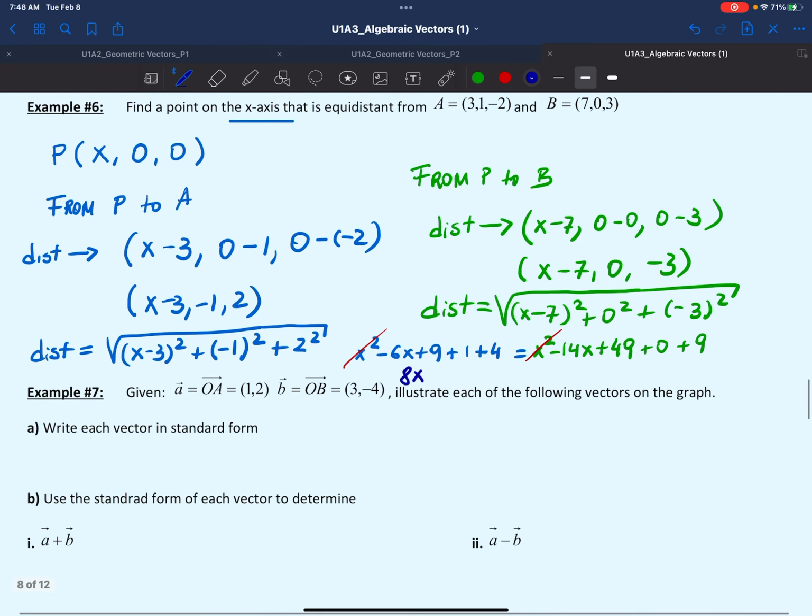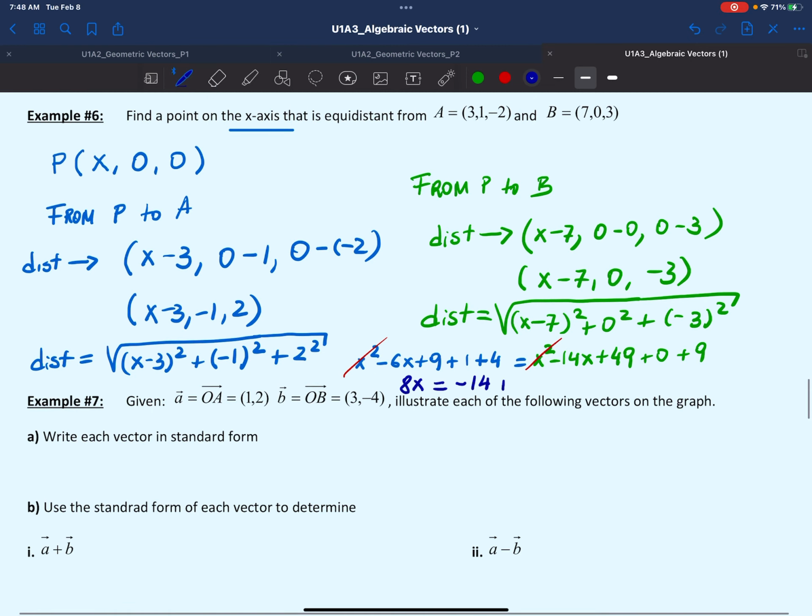And then I will take all the numbers to the other side. So here we have 9 plus 1 plus 4, that's 14, which is going to the other side as a negative. And we also have 49 and 9 waiting here, which add up to 58. So we have 8x equals -14 plus 58, that's 44.